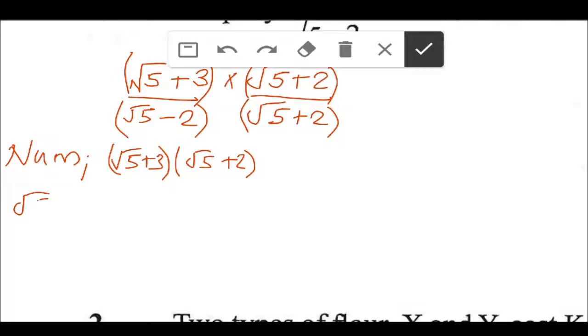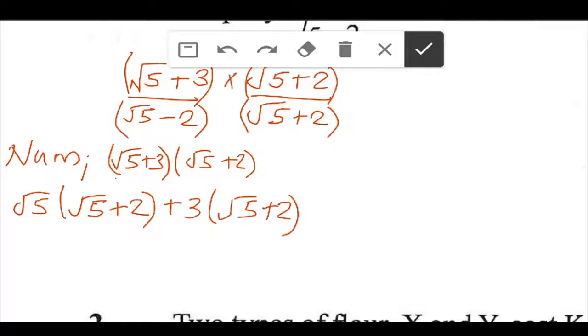So this would be root 5 into root 5 plus 2, then plus 3 into root 5 plus 2. You start with the first number and multiply it by the whole of the second bracket, plus the second number multiplied by the whole of the second bracket. So let's open the bracket.